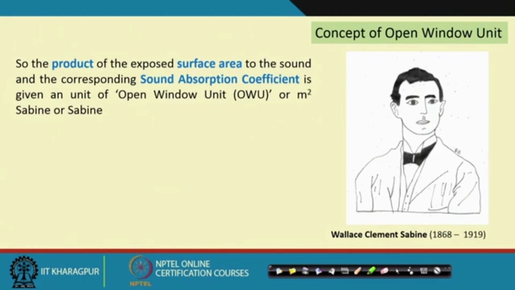Meter square Sabin, because the American physicist W.C. Sabin contributed a lot in the area of reverberation and acoustical physics. In acknowledgement of his work, this absorption coefficient multiplied by the corresponding area is called meter square Sabin.